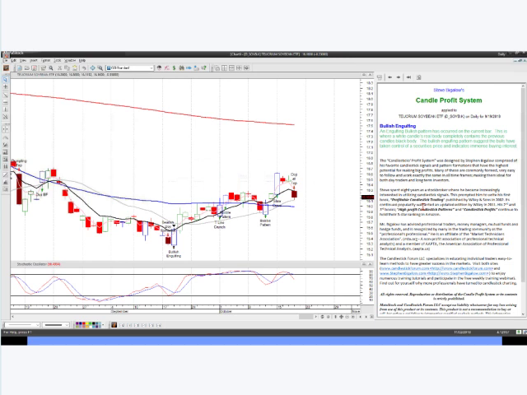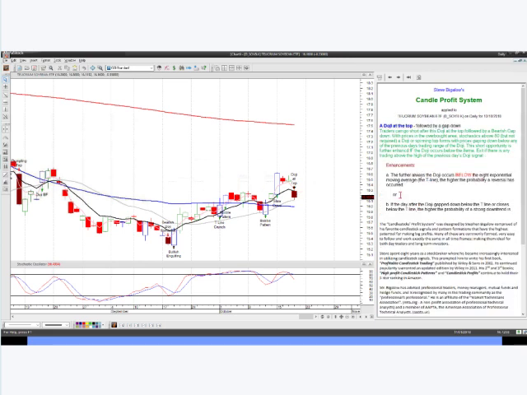In some of the patterns, we wanted to actually include stochastics being overbought and oversold as part of the condition, but for the majority of the patterns, what we do is give you these enhancements. So we'll show you this doji at the top, for example, but we'll tell you, because you'll get a list of them that you can look at, that the further away from the doji that occurs, you get the exponential moving average with the T line. So there you go.